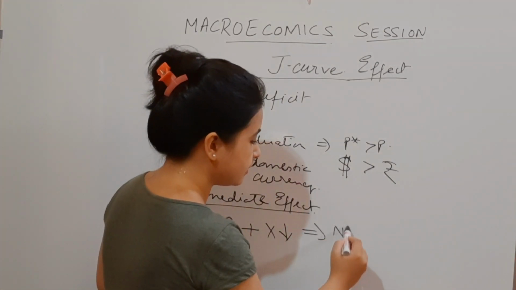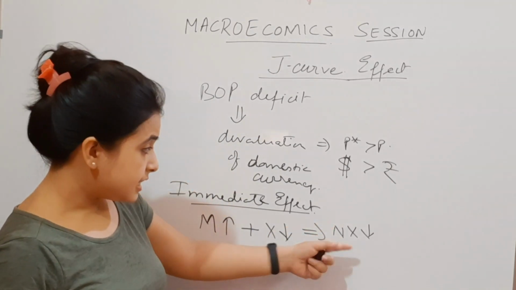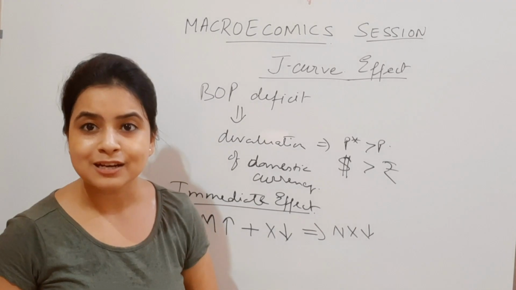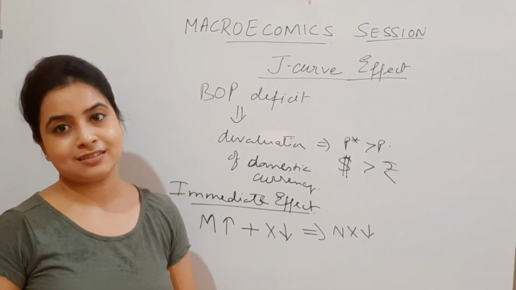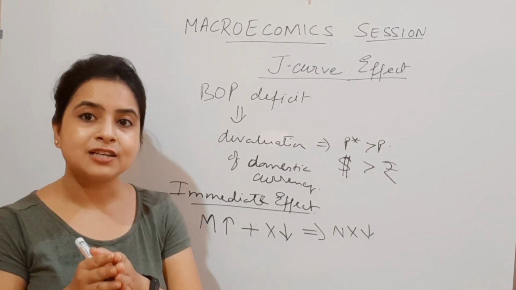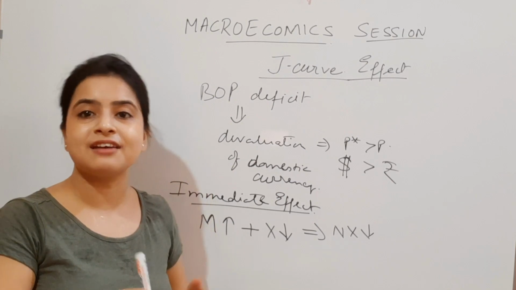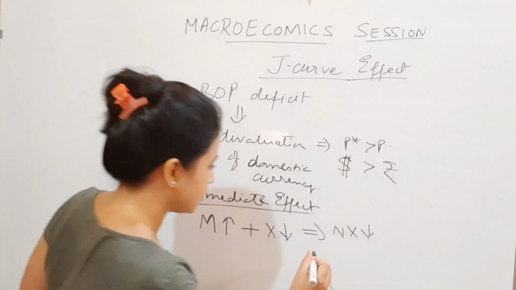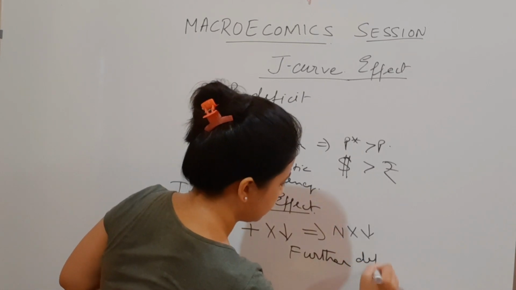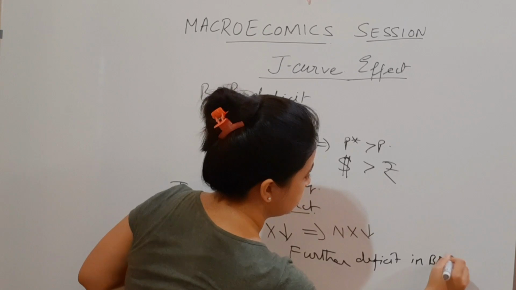This is the immediate effect. Because of this, what will happen? The net export will be in deficit. Due to deficit in the net exports, we can say that in the current account there is a deficit. And current account is a part of the balance of payment. So there is further deficit in the balance of payment account. So you can write it that further deficit in BOP.